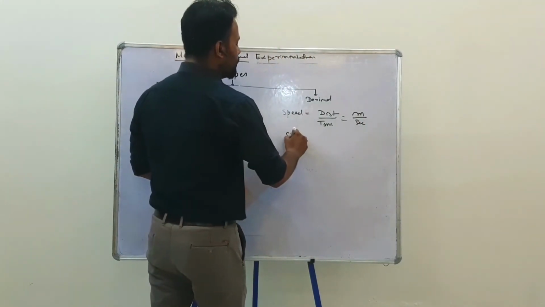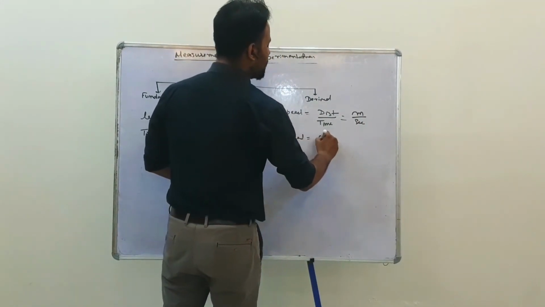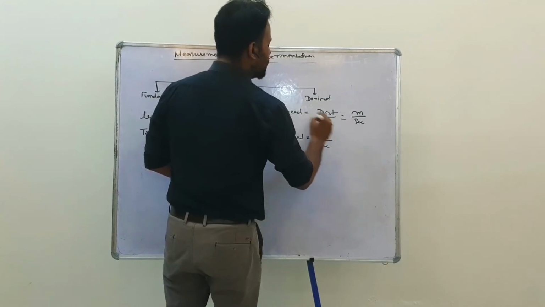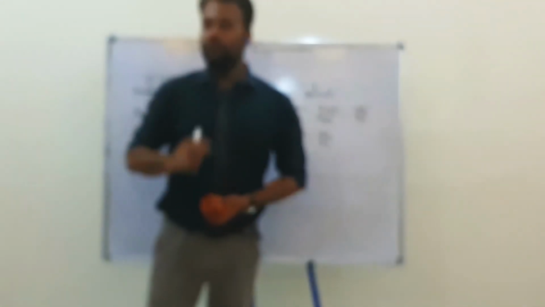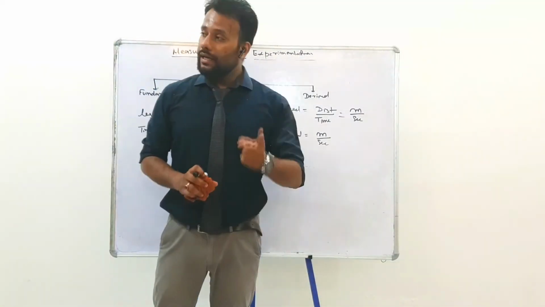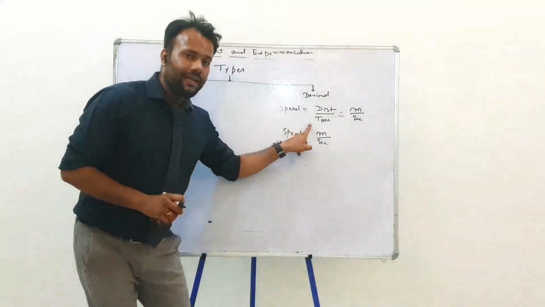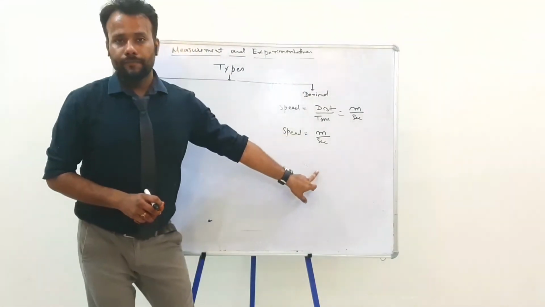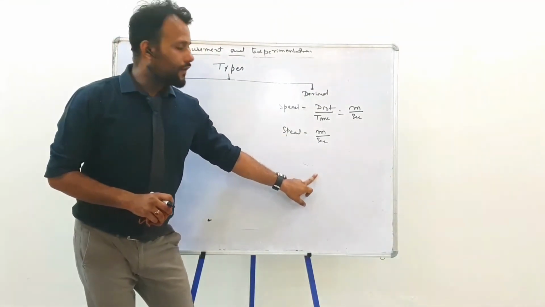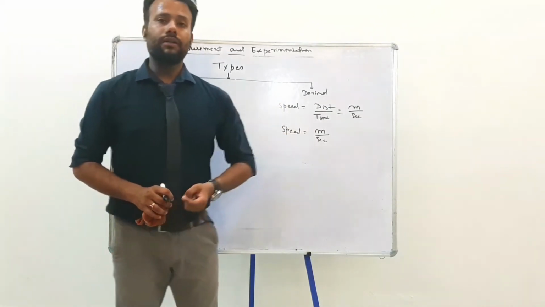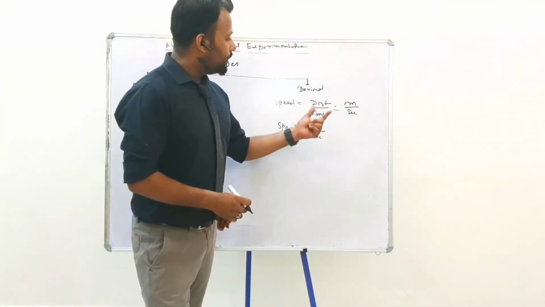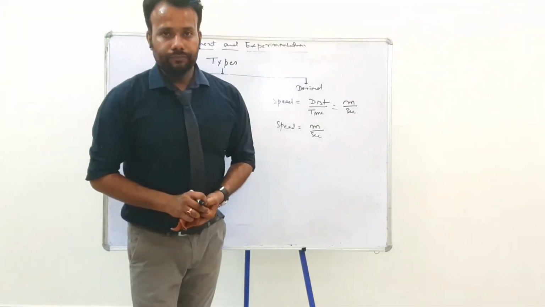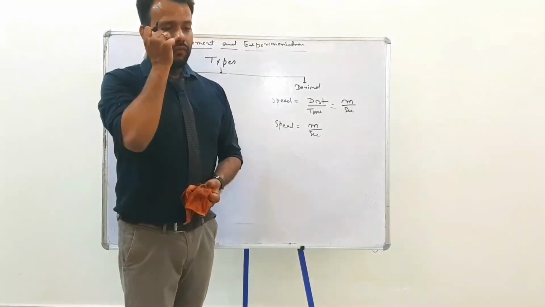So this unit of speed is nothing but meter per second. That means to find out the unit of speed, we need 2 things. It is not independent. It depends upon meter and second, right? And that is why this is not fundamental, but this is derived, because we are deriving it from the fundamental units.